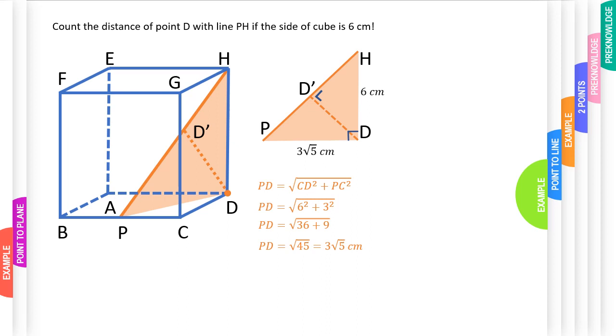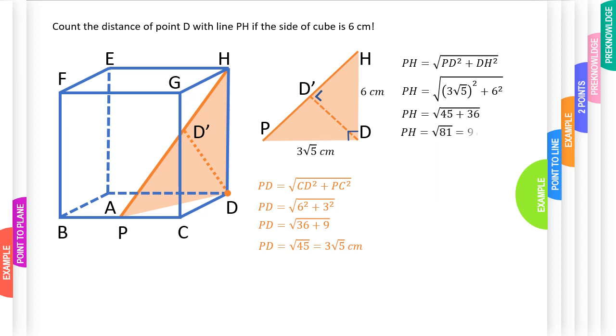Next, let's find PH by using the Pythagoras theorem in triangle PHD. Based on its process, we know that PH is equal to 9 centimeters.